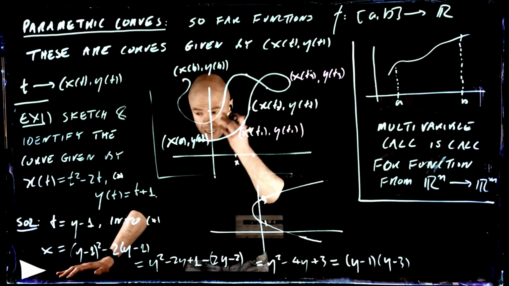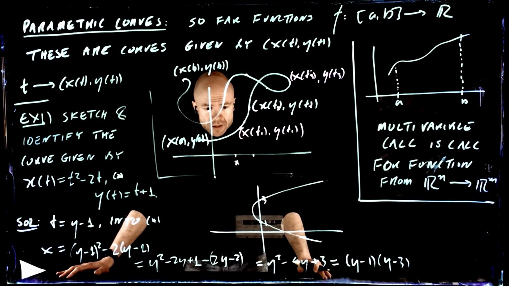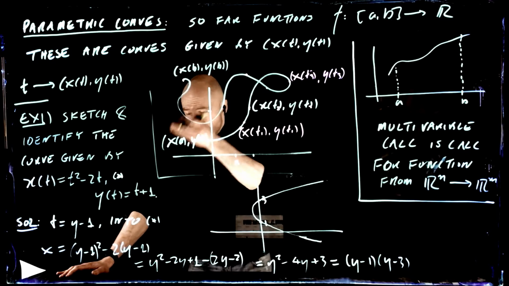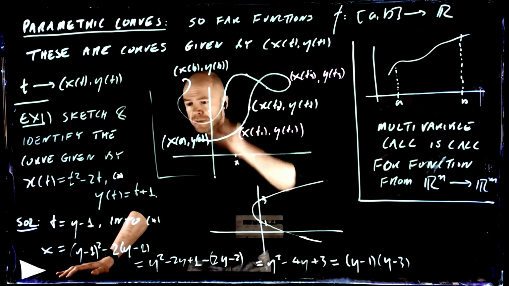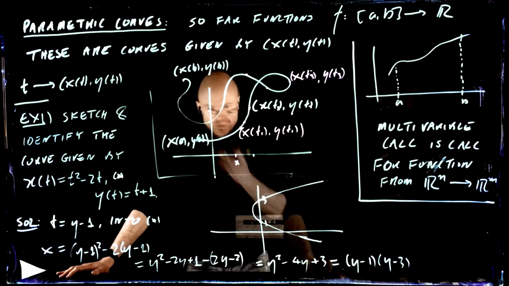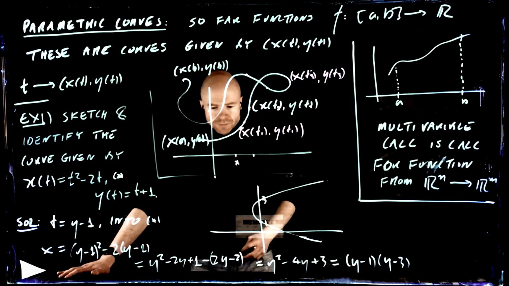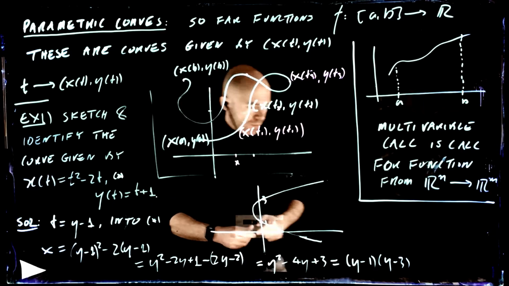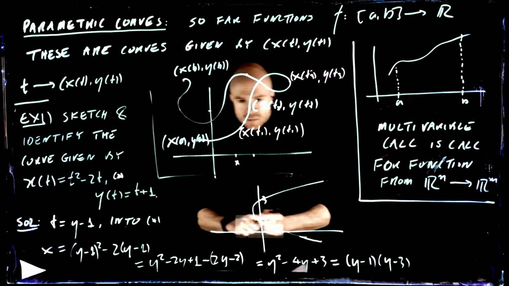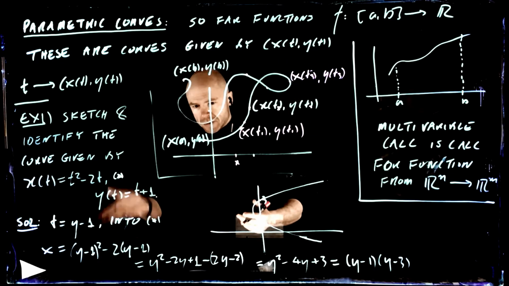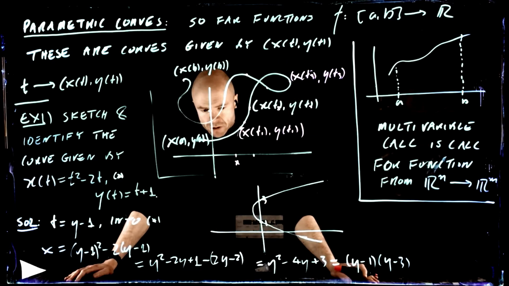Cool. So at time 0, where is this? Imagine this is a bee. At time 0, where is the bee? Just look at the equations. Time 0 is t equals 0. So when t equals 0, where is the bee?